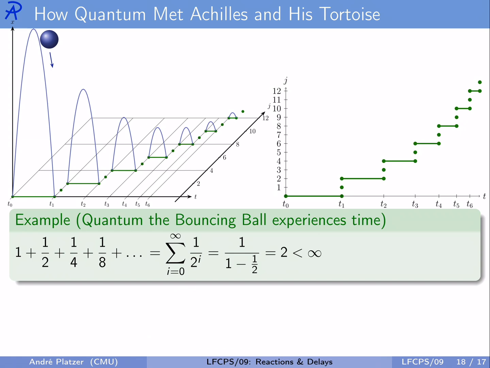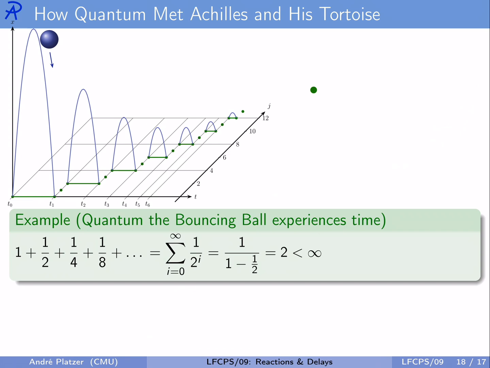Which means, if you consider a point in time like over here far along, beyond 2, if you add up all those amounts of time here, there will be a limit here, say, that you can never pass. You shall not pass, the Gandalf argument.